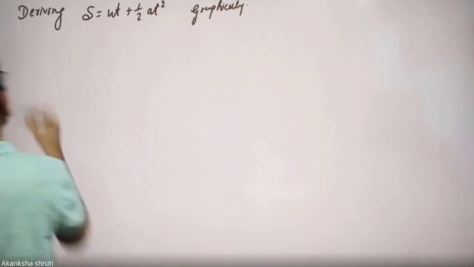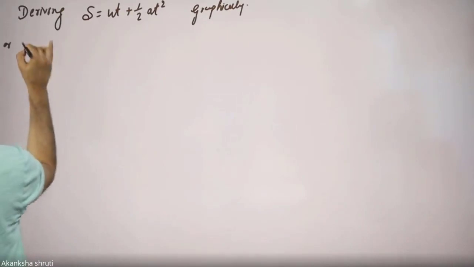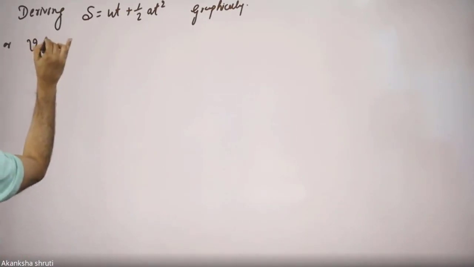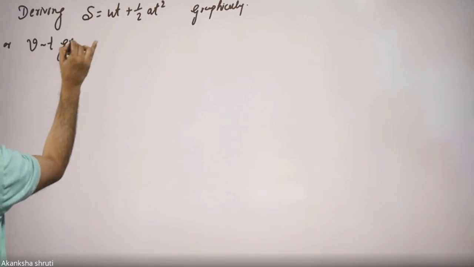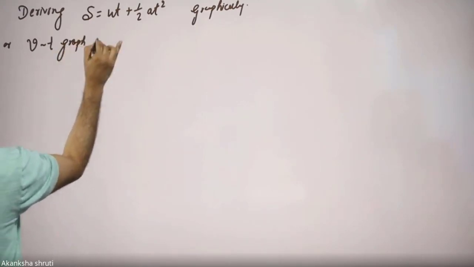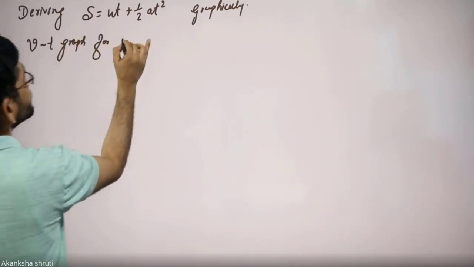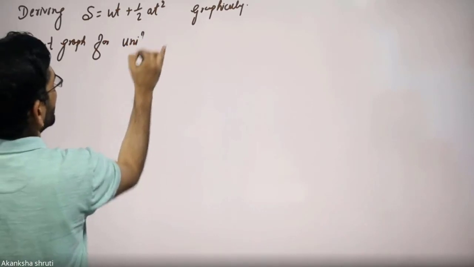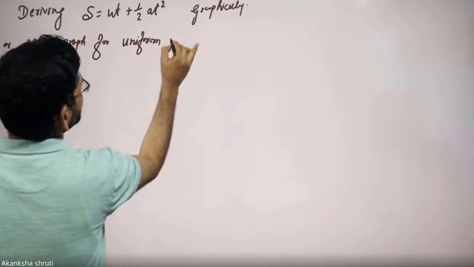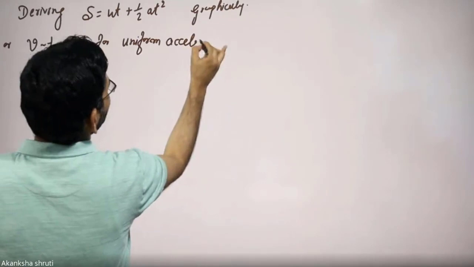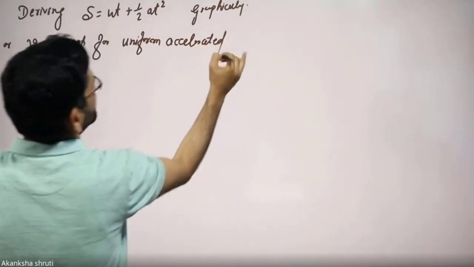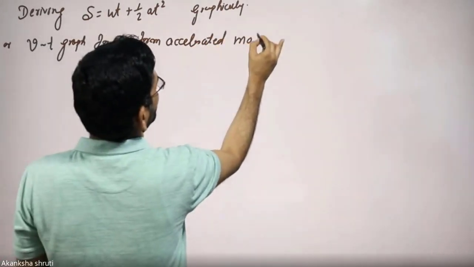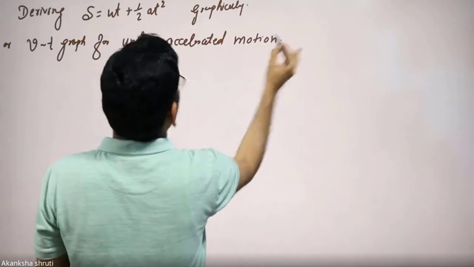it is this one, the VT graph for uniformly accelerated motion. Okay, students.